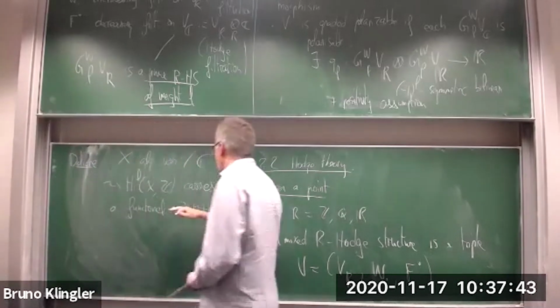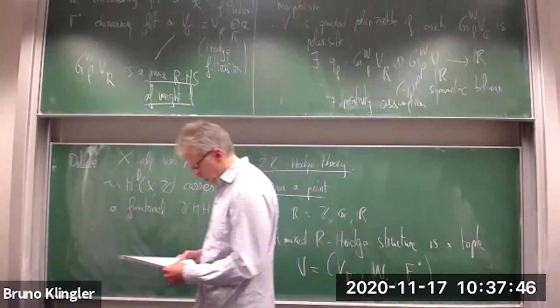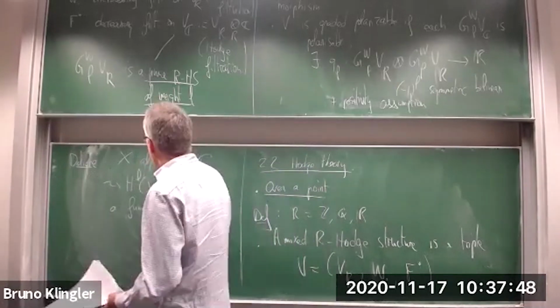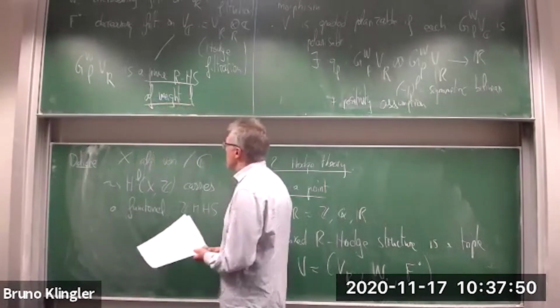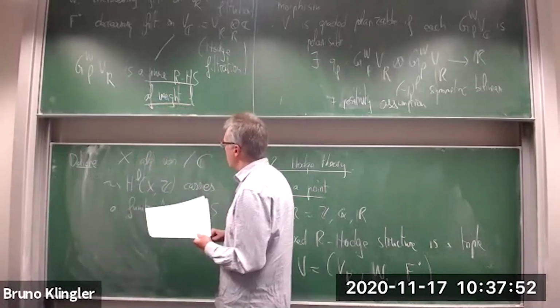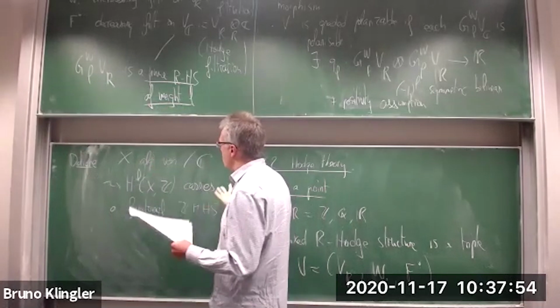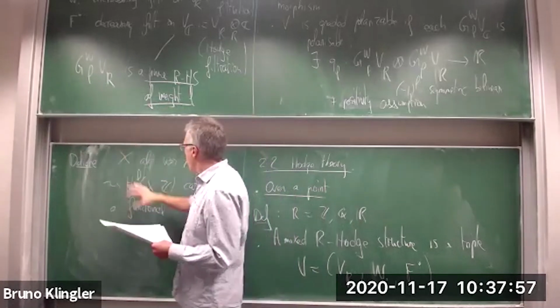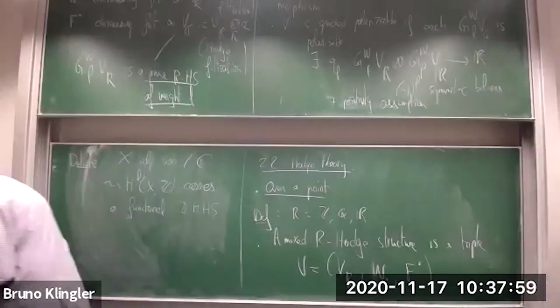So from now on, all the mixed Hodge structures will be graded polarizable. This is the main reason why we get interested in this kind of linear algebra gadgets: if you have a Torelli theorem, it will tell you that you can recover X just by getting those mixed Hodge structures.